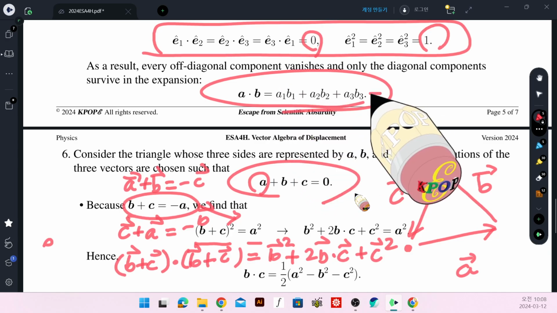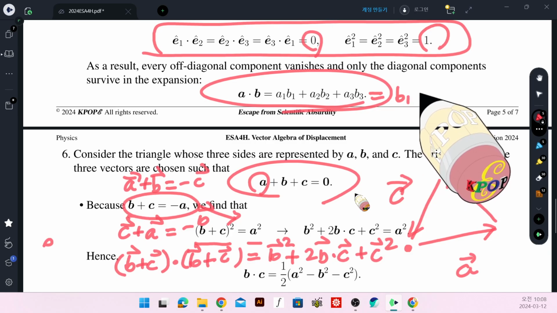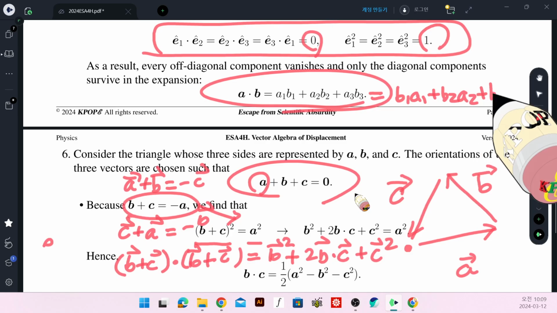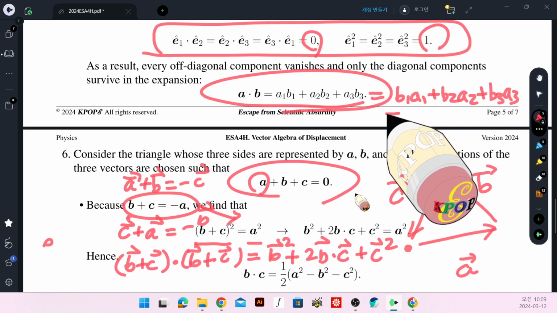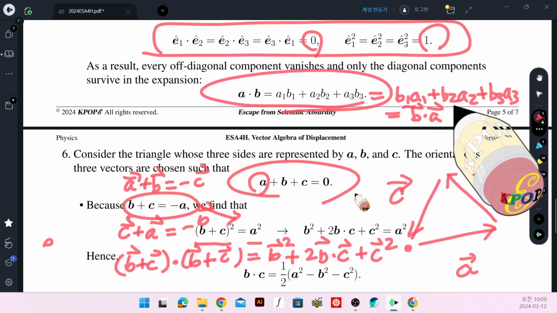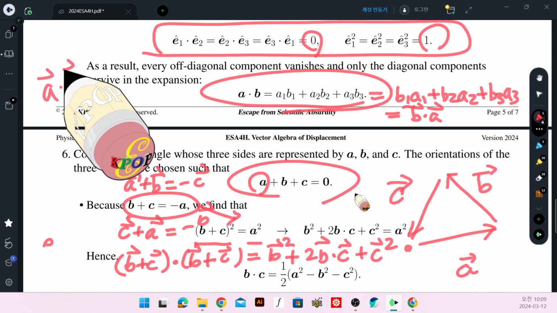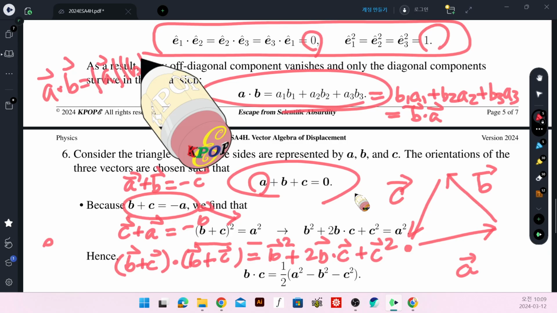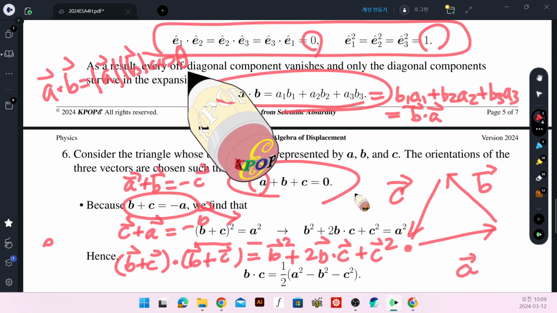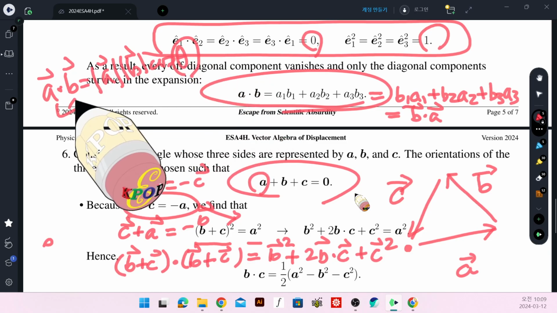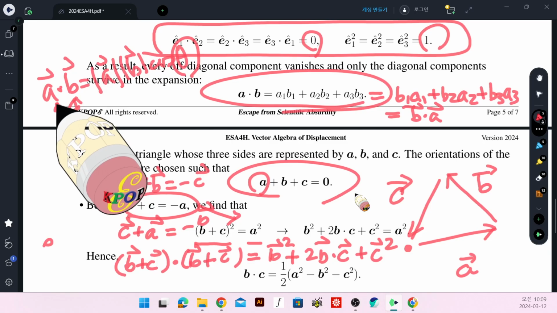So I can always write it in this manner: B1A1, B2A2, and B3A3. And this is identical to B dot A. And that can be shown to be true directly using the definition of the scalar product, magnitude product, and cosine. The cosine of theta, this angle, is invariant on the exchange of two vectors. Okay.